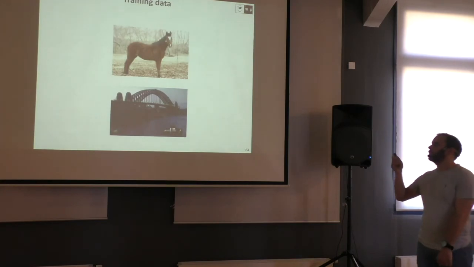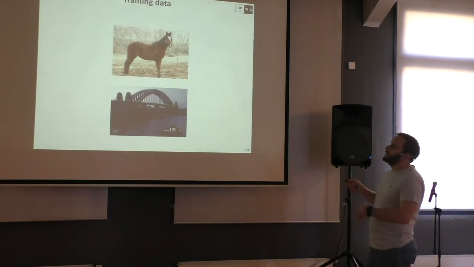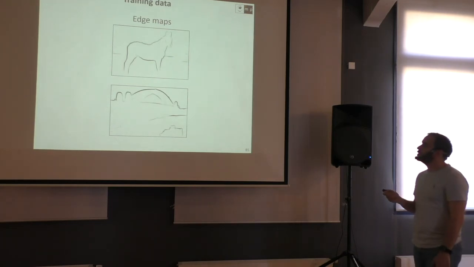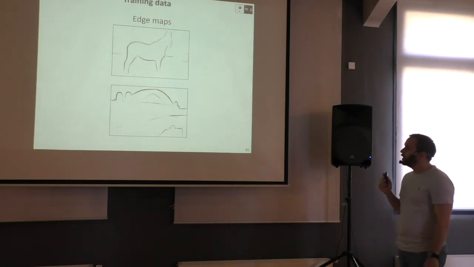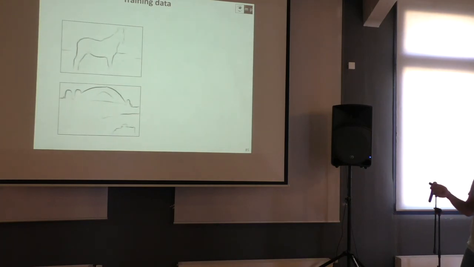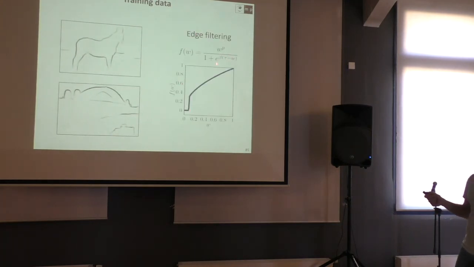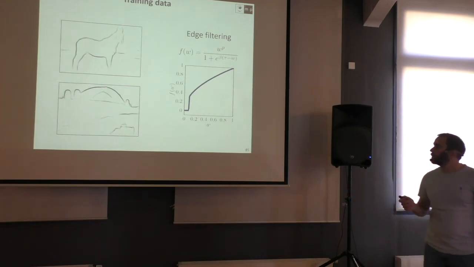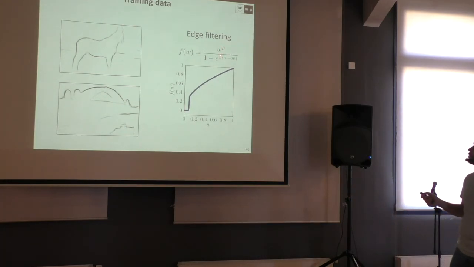So how did we do it? If we have images like these, just random images, and you extract an edge map, it looks something like this, and this is usually not something that looks like a sketch. However, we added a specific block at the beginning of the deep network. That's a simple differentiable function that has 3 parameters, p, beta, and tau.